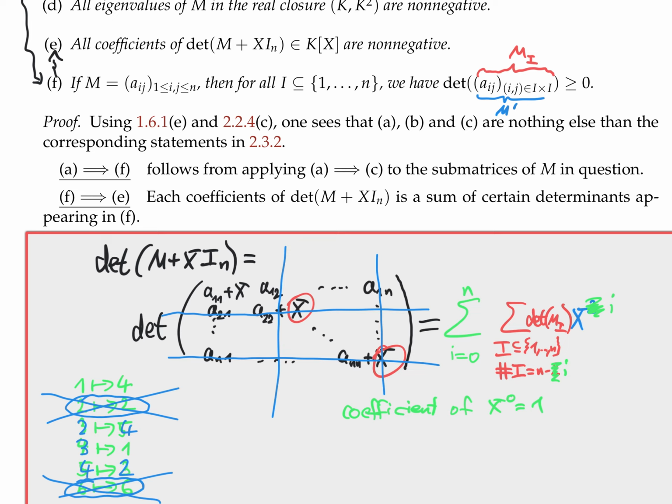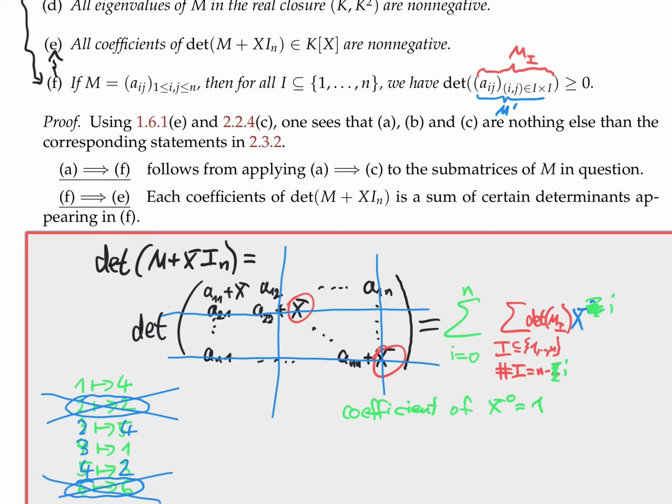So when i is 0 here, I take a cardinality of I equals n, right? So I have just one term in this sum, and this minor is just the determinant itself, because M_I is just M itself. So that looks good.